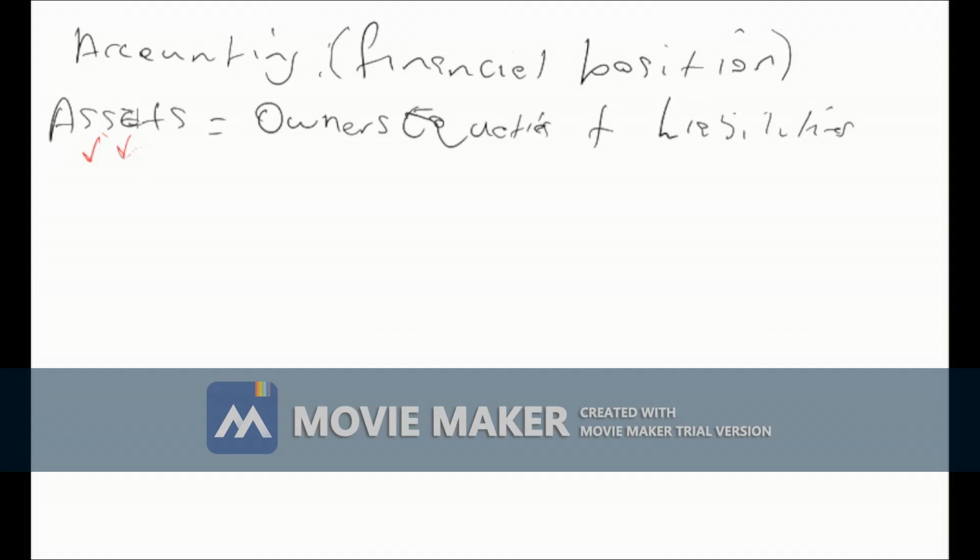Therefore, when we are studying about assets, we are looking for the things that are controlled by the business. All assets are resources, not inside of the business, but controlled by the business. They are never controlled by the owner, but by the business.